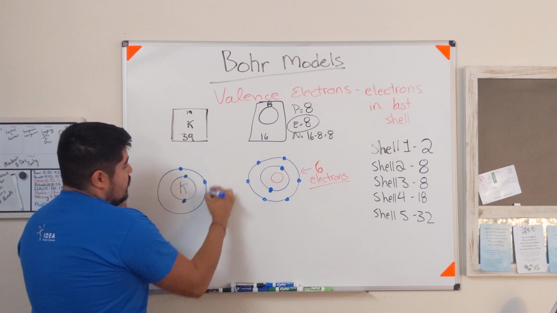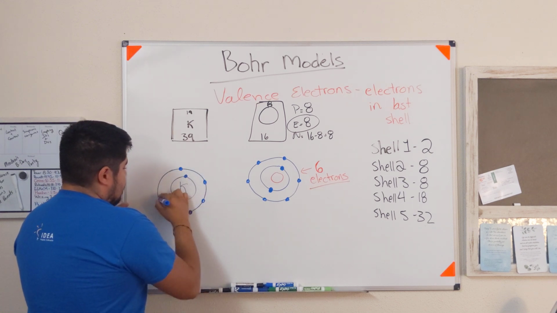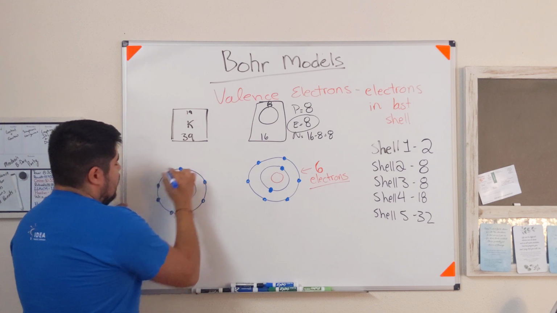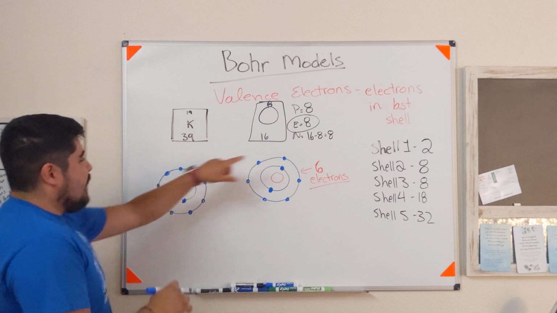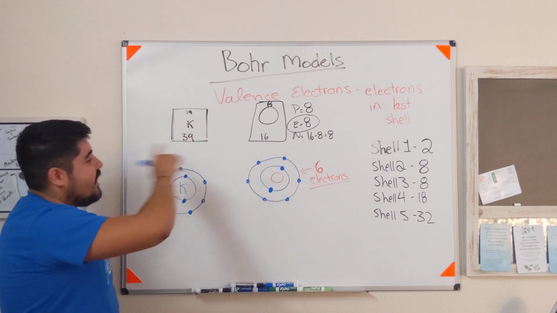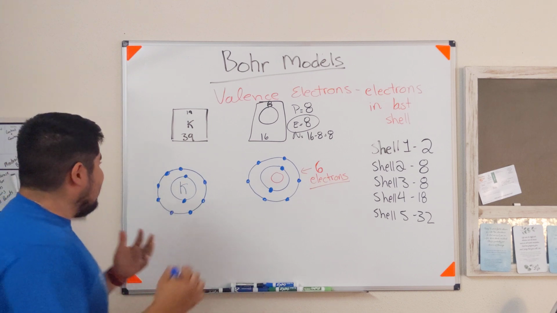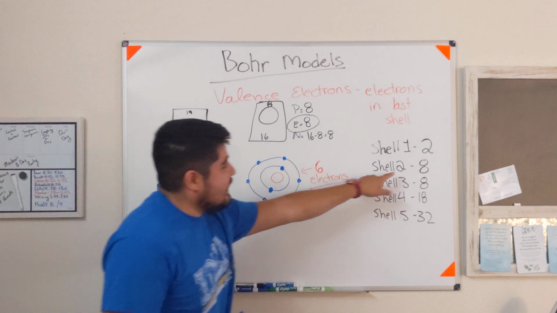1, 2, 3, 4, 5, 6, 7, 8. Now notice how I'm spreading out my electrons. It just makes it a lot neater, that way I don't have all 8 on one side. As a rule, I already have 10, so I can't keep going because the limit is 8.